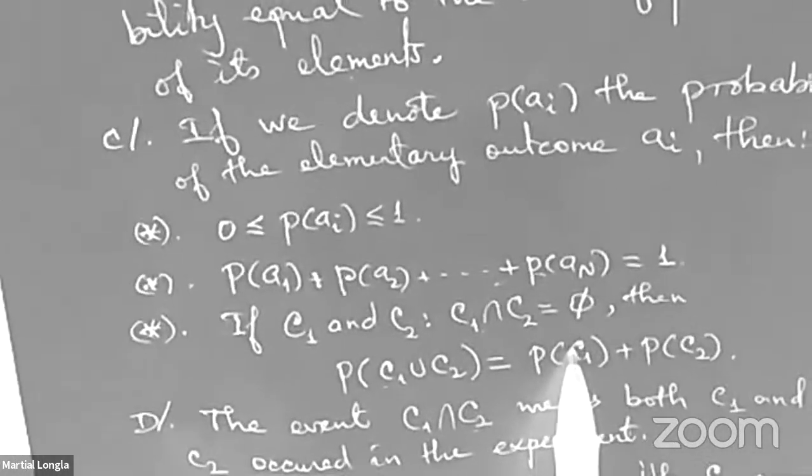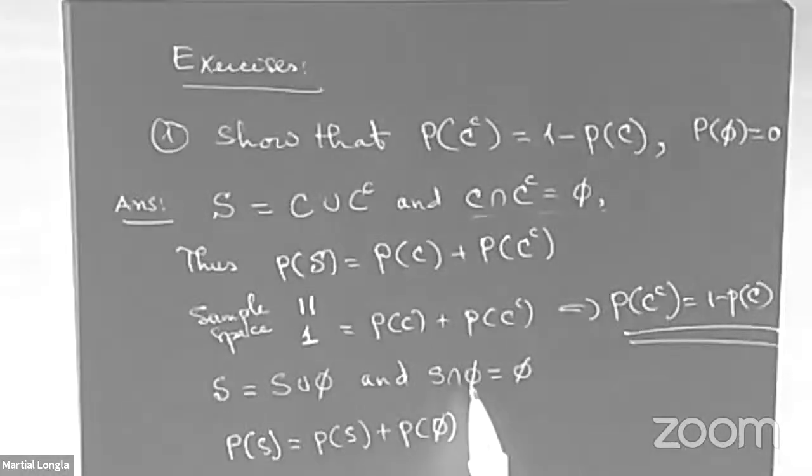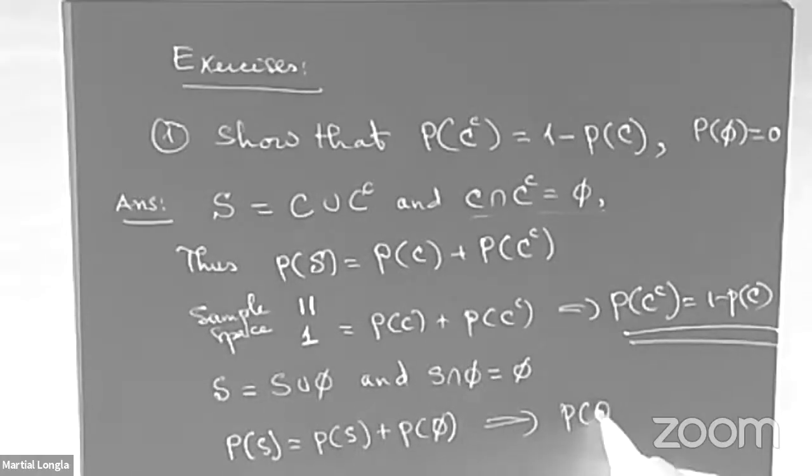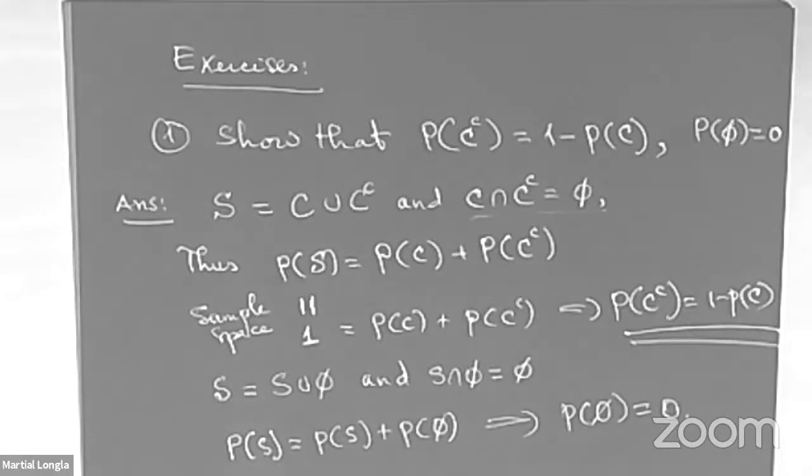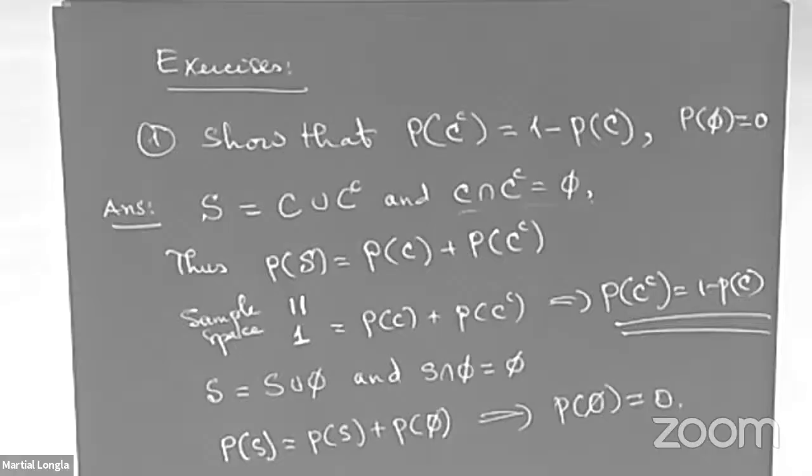So that's still using this property. Because the two sets are disjoint, the intersection is empty. And so the probability of S cancels, and you have that the probability of the empty set is always equal to 0. So when we are giving the rules of probability, we don't really have to say that the probability of the empty set is 0, because once we know that the probability of the sample space is 1, the probability of the empty set follows from there: it is 0. Questions?